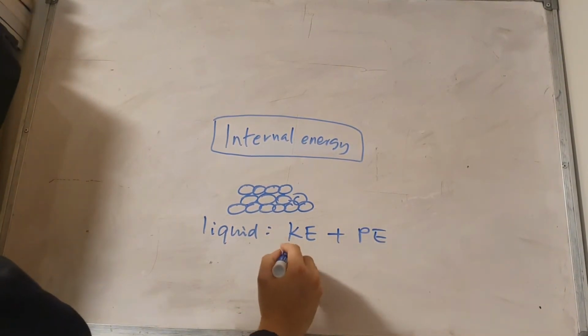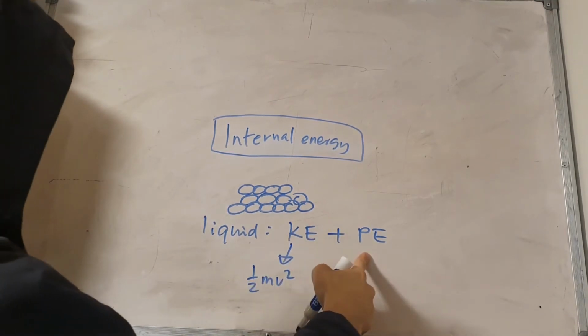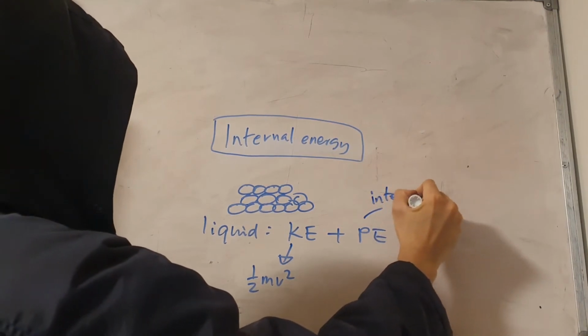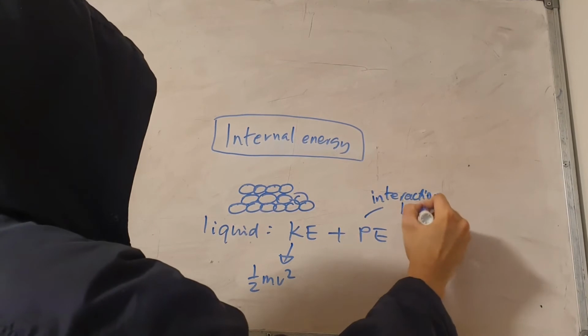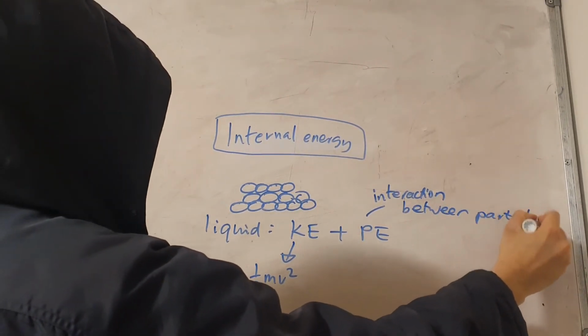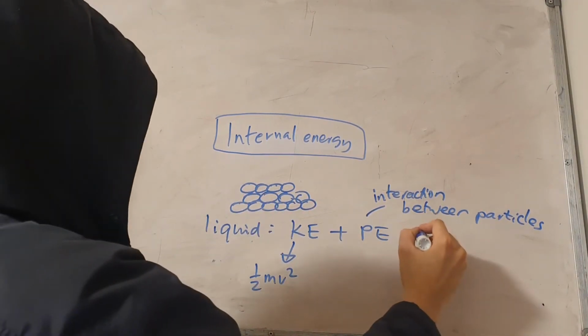The kinetic energy is because of the half mv squared. The potential energy is the interaction between the particles, and that is due to the distance between each other.